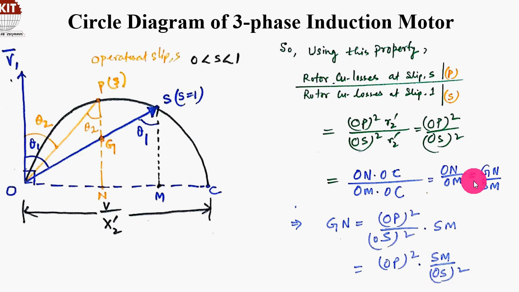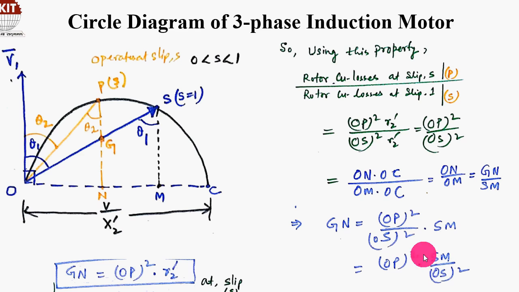So we are getting GN upon SM. Now from here I can write GN will be equal to OP square upon OS square times SM. Now this equation can be further rewritten as OP square times SM upon OS square.